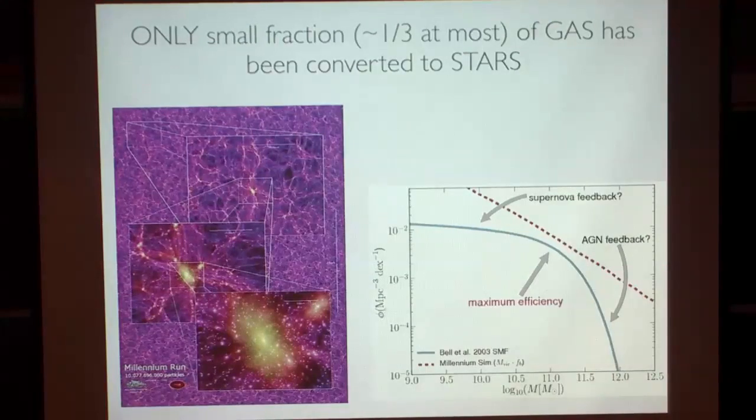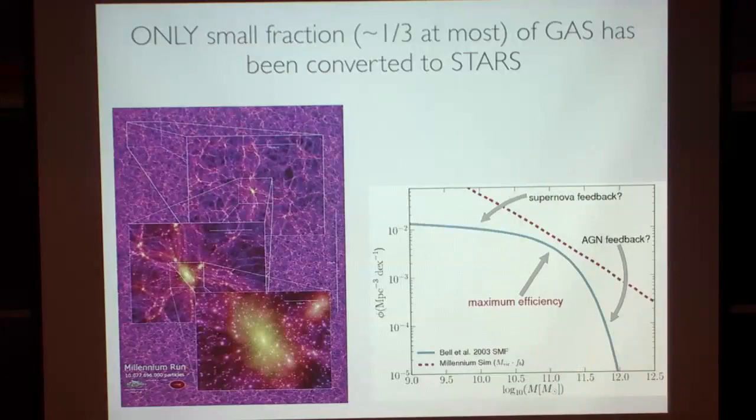So during the entire history of the universe, only 1/3 of the gas has been converted to stars, and it is even more inefficient at low mass halos and also very high mass halos.